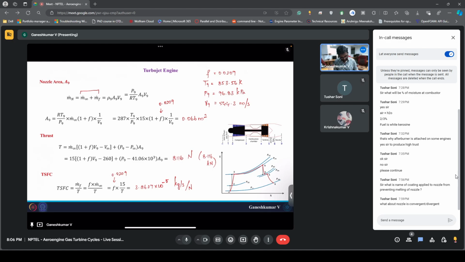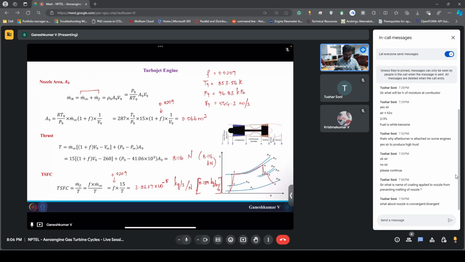So you multiply by 3600, and you will end up having 1.39 kilograms per hour per Newton. So this is your thrust specific fuel consumption.